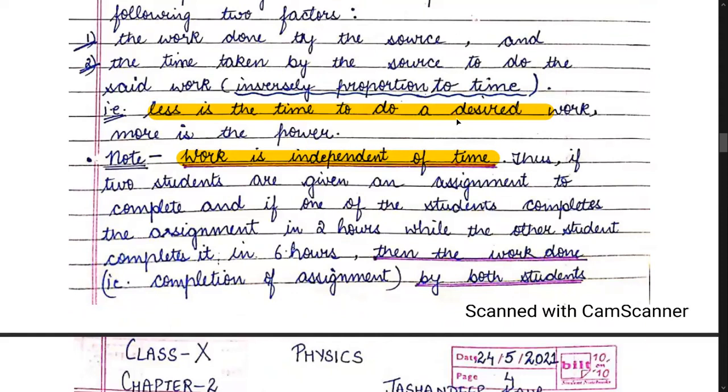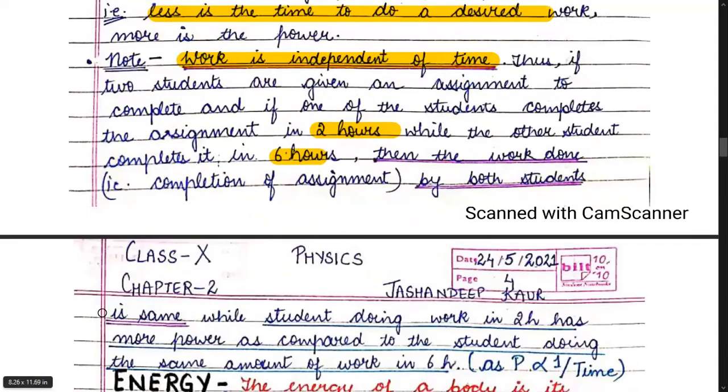Work does not depend upon time. Thus, if two students are given an assignment to complete, and one of the students completes the assignment in 2 hours, while the other student completes the same assignment in 6 hours, then work done by both students is the same. It's not different because they are completing the same assignment.